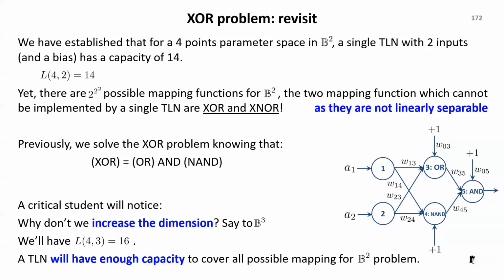So this is a trap that many AI engineers forget: if we have a problem, I make a neural net, and then the neural net gives low accuracy, so I just increase the number of layers.